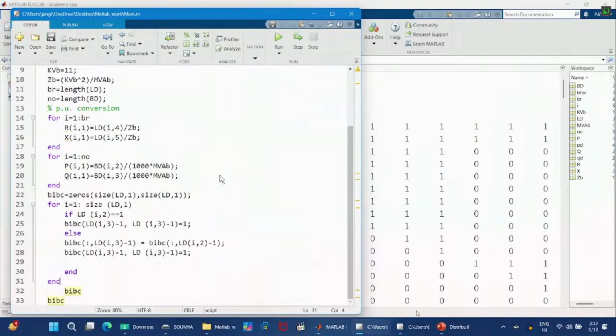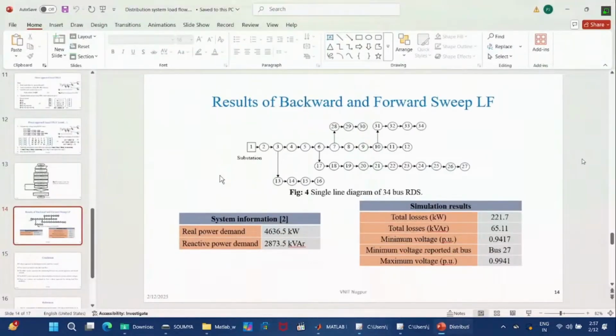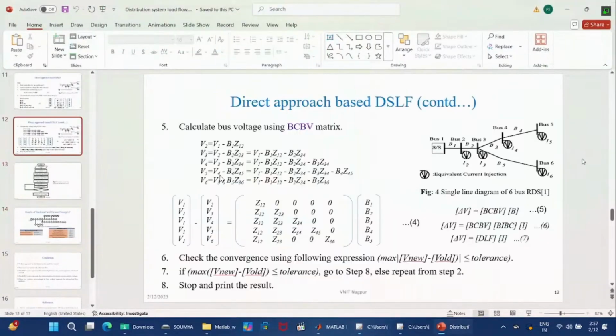For the BCBV matrix also, what do we have to formulate? We have to formulate a matrix where the impedance calculation can be done. If it is Z12, or whatever is supposed to be the voltage difference between bus 3 and bus 1, based on that the BCBV matrix is defined.